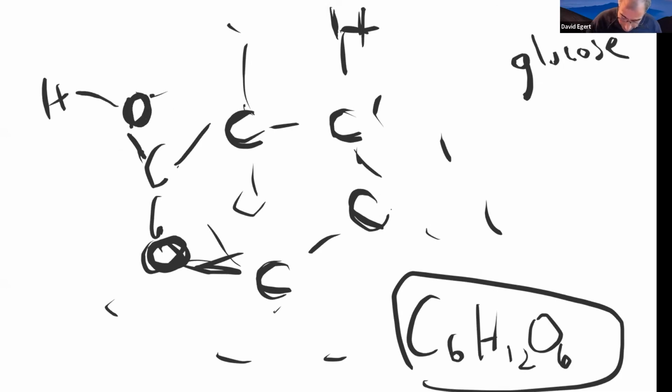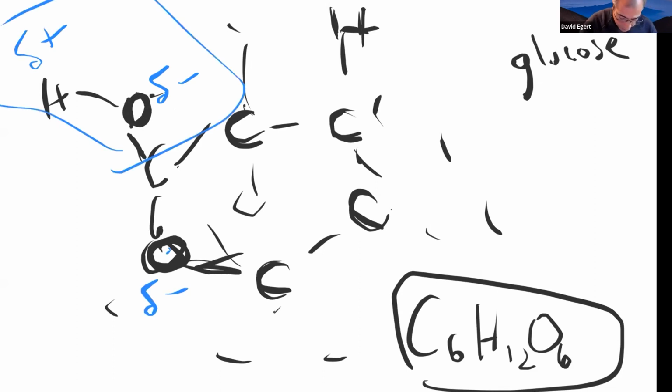And the oxygen is going to have its lone pair of electrons, so it's going to be minus, and the hydrogen is going to be more positive. Whenever you see hydroxyls and oxygens hanging out in rings like that, those are always signs that you're going to have charge imbalance, that this thing is going to be polar.